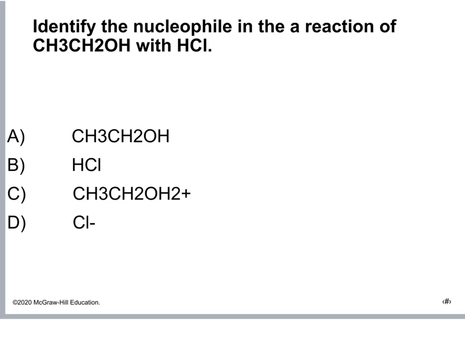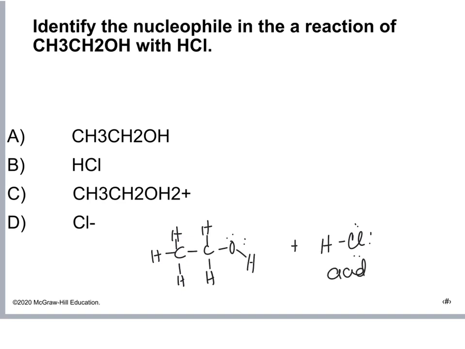Identify the nucleophile in the reaction of ethanol and HCl. So in this case, this is your acid, because it wants to donate a proton. It's a strong acid, you know, the pKa there.